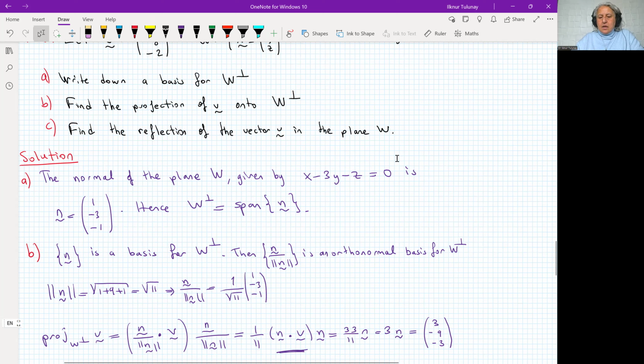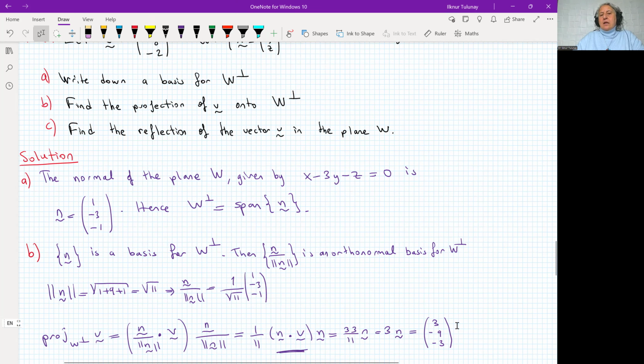Why it is easier for this question is because you have a plane, and the orthogonal complement of the plane is the normal of it. If the plane equation is given to you, then deciding the normal is a very straightforward process. It's just the coefficients of the plane equation that give you the normal, which is the spanning set of the complement of the vector space of the plane for you. So this is why it made it very easy to calculate for this question.